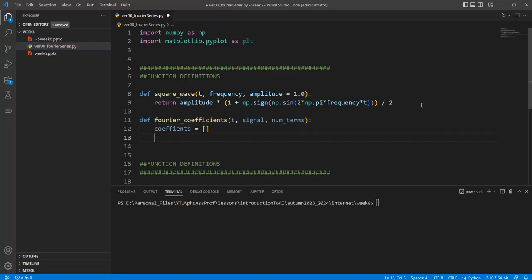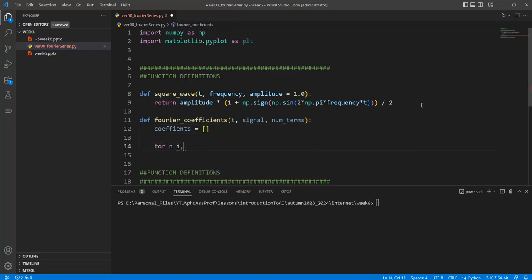I can create the list in here for n in range of num_terms. Because we have the 10 functions, or the 5 functions, or the 20 functions, right?